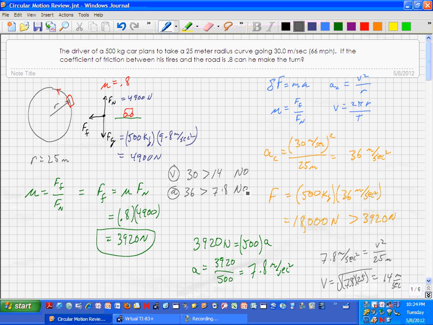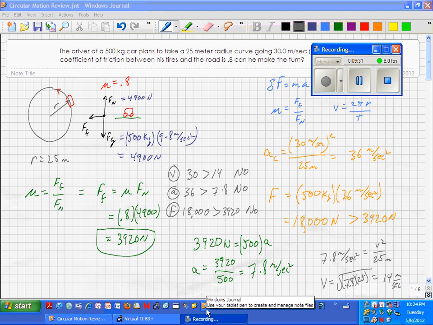So again, no, he can't make the turn. And then based on force, 18,000 is greater than 3,920. So again, no, he cannot make the turn. Three different ways. I proved it three different ways.